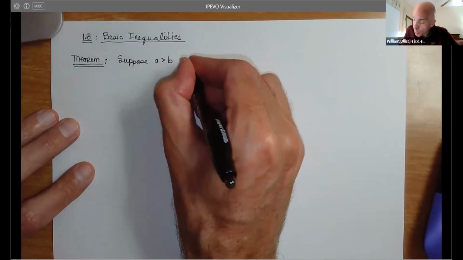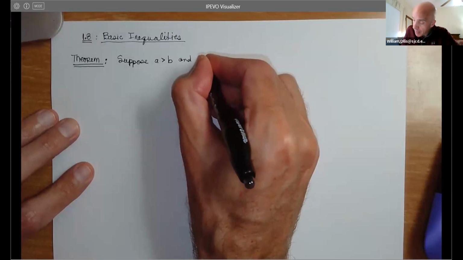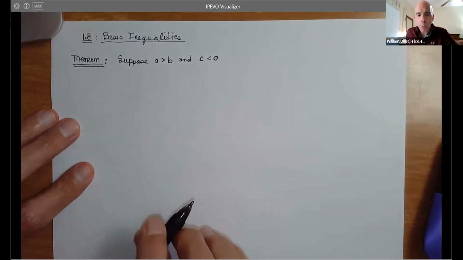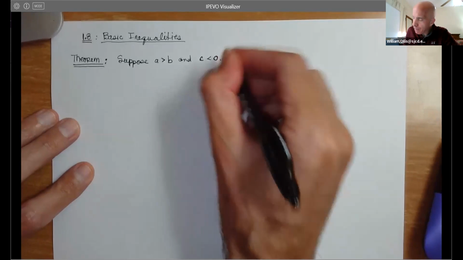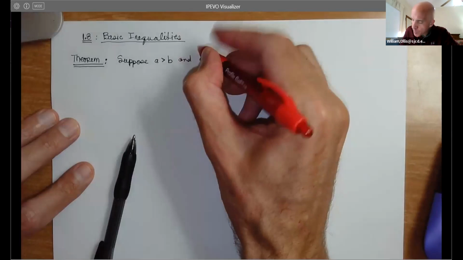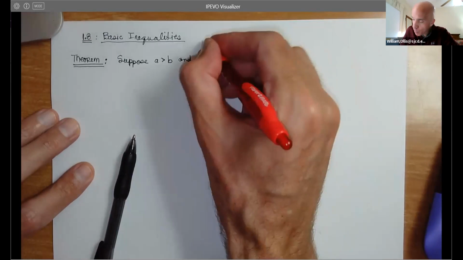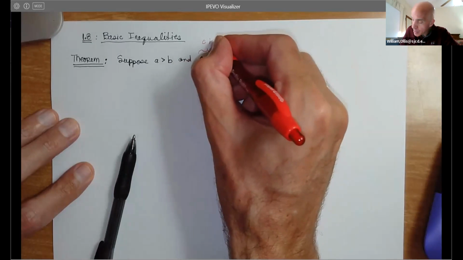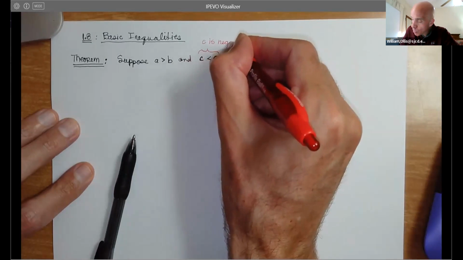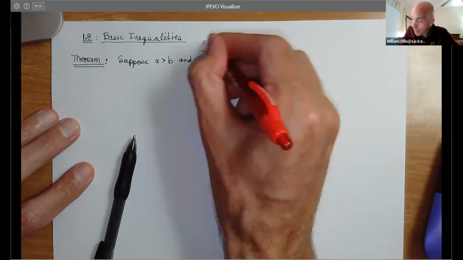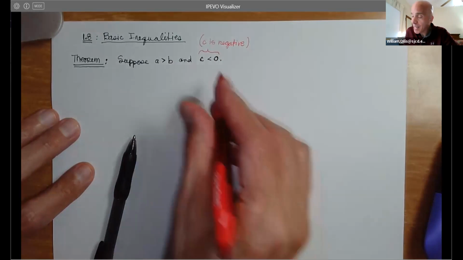And then we assume that C is less than 0. Now, what does that mean? Well, again, this means that C is negative. That's how we define a negative number. We say C is negative. And since the real numbers have really interesting properties when it comes to multiplying negative numbers, we can't avoid this.